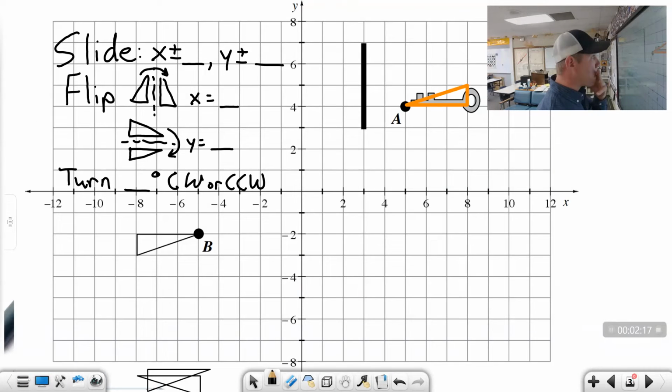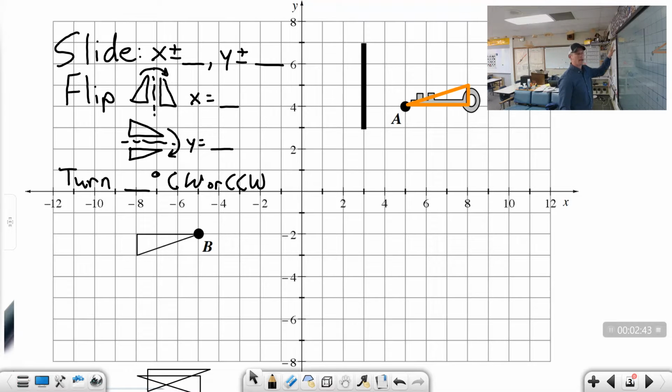Here we go. Notice that you have a triangle around the key. It's easier to draw a triangle than it is to draw a key. And our goal is to move this triangle over here somehow. Notice, you can't go into the wall. You have to go around. So, you have three rigid transformations at your fingertips.